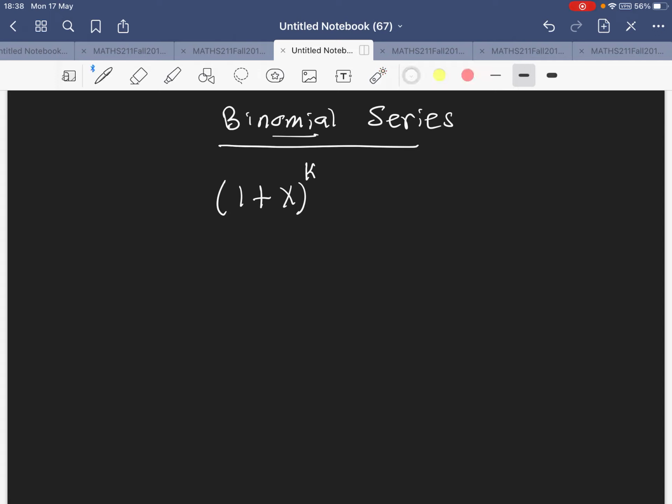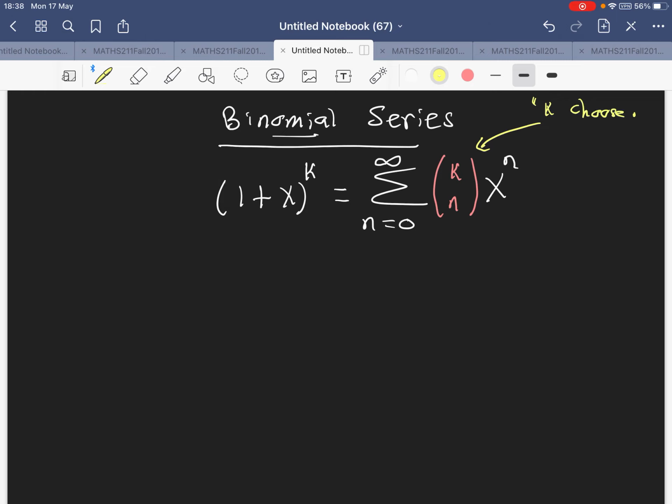Now, what is the binomial series? It's in the sigma notation, starting from 0 to infinity, x to the n, and here something like this, which is k choose n, or the combination between k and n.